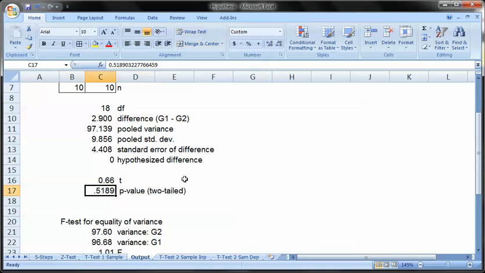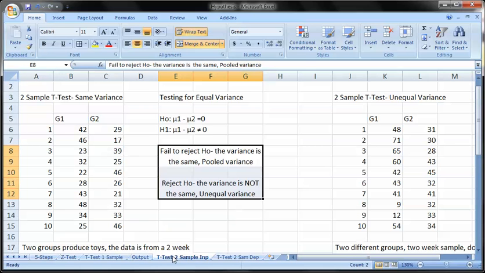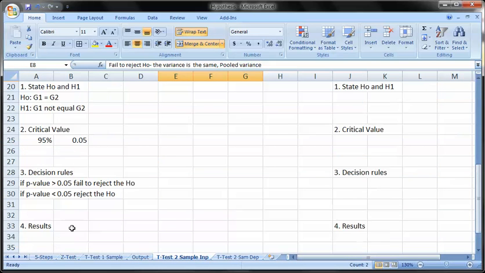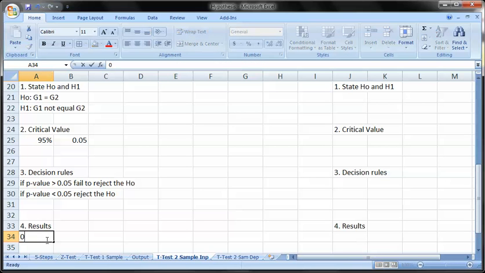Then we can say, what is our p-value in this case? 0.5189, so I'm going to say 0.52. It is greater than 0.05.